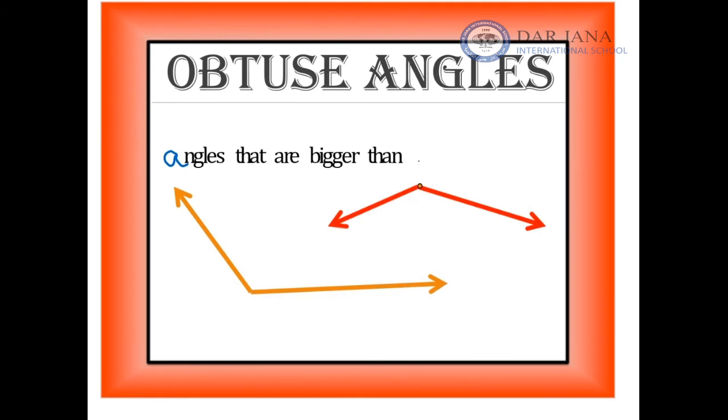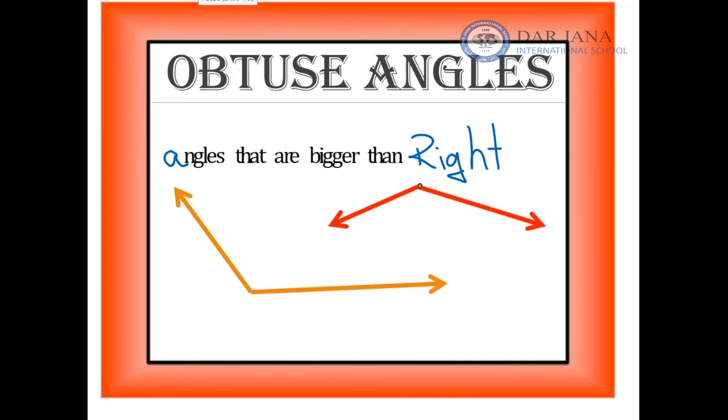Now we're going to move to the third kind, which is called the obtuse angle. The obtuse angle is an angle that is bigger, larger, wider. Its opening is bigger than the right angle.